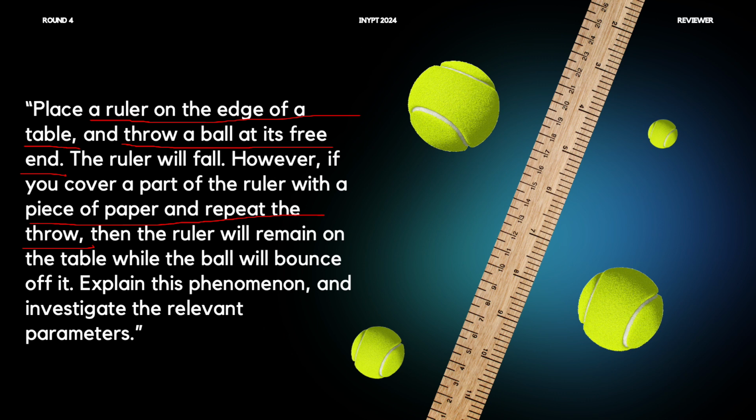So in this case, the entire idea is to explain this phenomenon and why the ball will be bouncing off the ruler in the second case, but it will be getting the ruler to fall as well in the first one. And we need to investigate the relevant parameters which affect the two different readings.